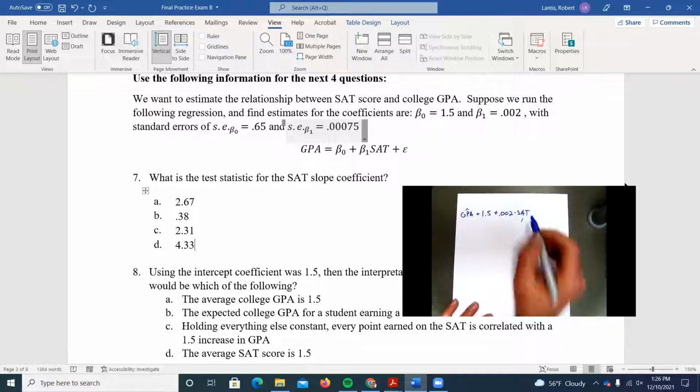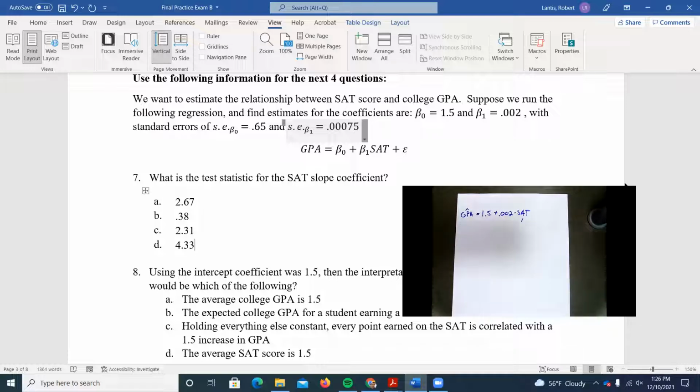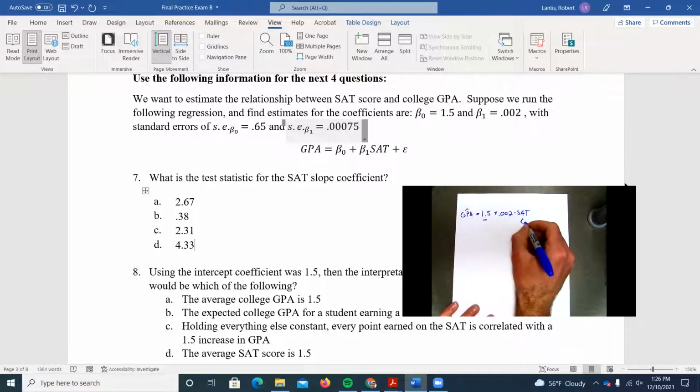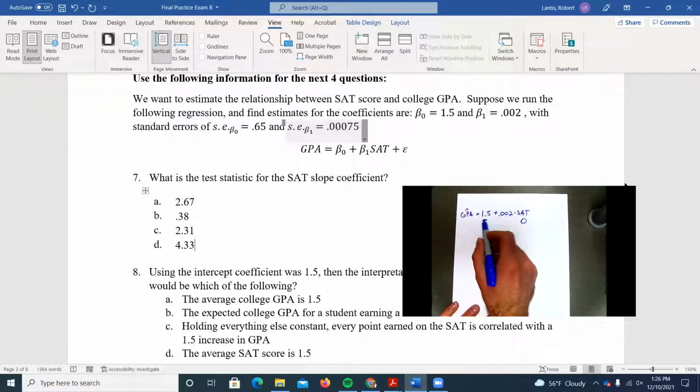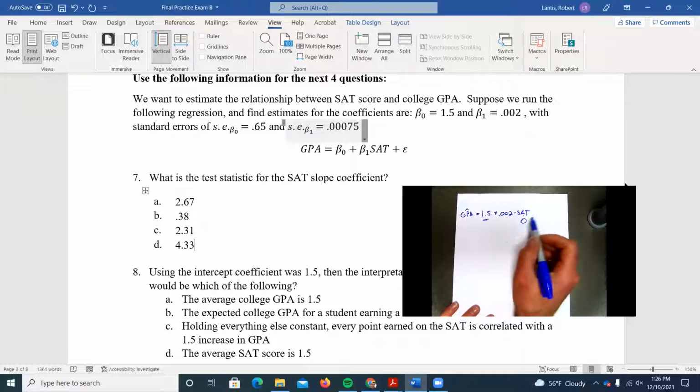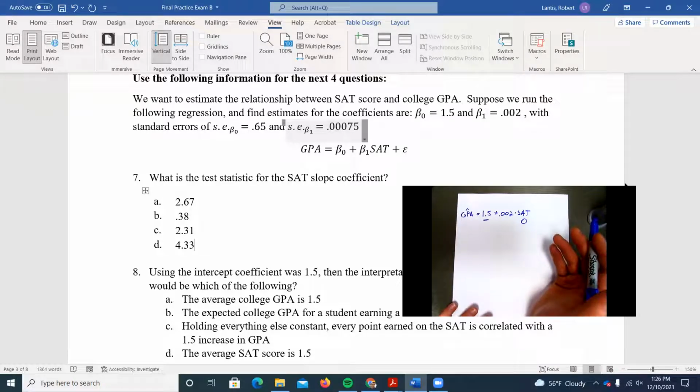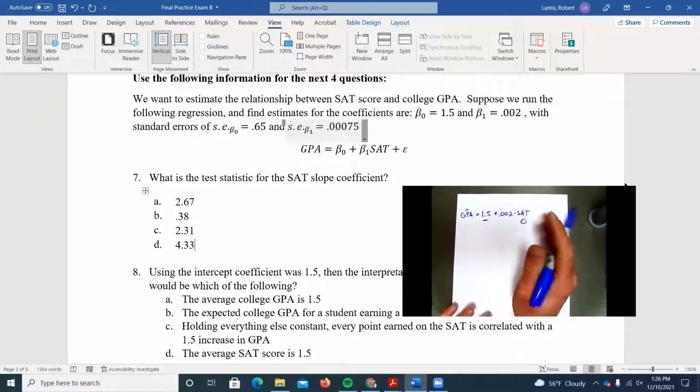If I plug in different values for SAT score, I can come up with a predicted GPA for that person. The interpretation of our intercept would be, if our X variable is equal to 0, this is the predicted value for our Y variable. So if someone got a 0 on the SAT, we would predict their GPA would be 1.5 in college.